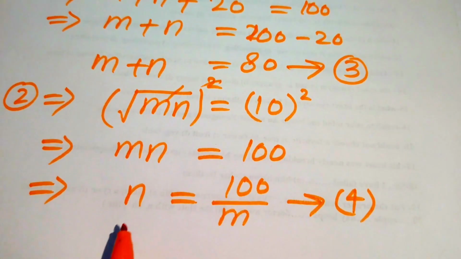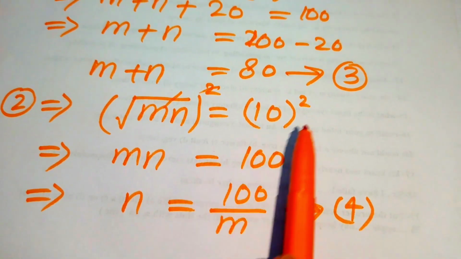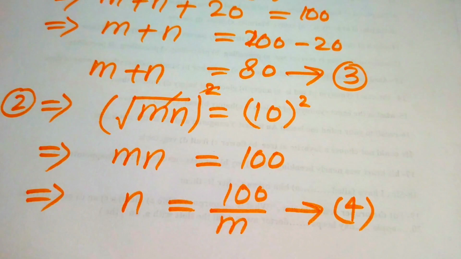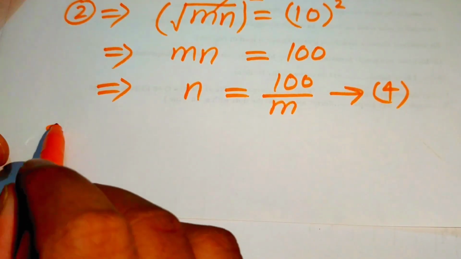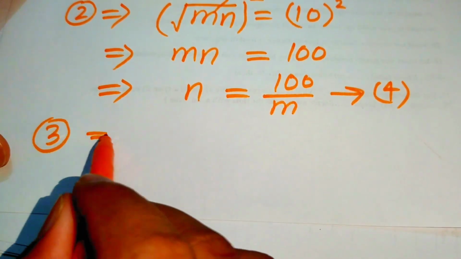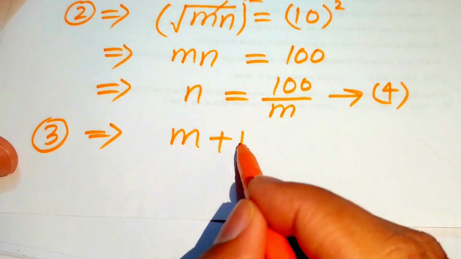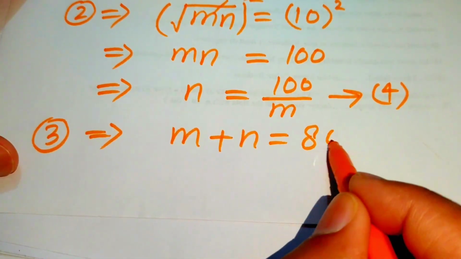Now we substitute the value of this n in equation number 3, and we easily get the value of m. So we write equation number 3 implies, first we copy down equation number 3, m plus n equals 80.